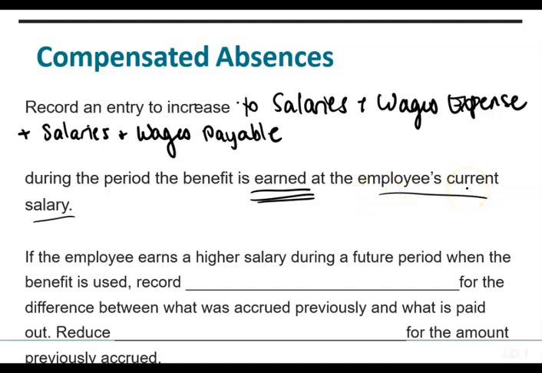And then when they take it, if that salary has gone up, then we just record an additional expense for the difference. The employee earns a higher salary during a future period when the benefit is used. Record, this is what I just said, an additional expense for the difference between what was accrued previously, at the salary at the time the entry was booked, and what is paid out.